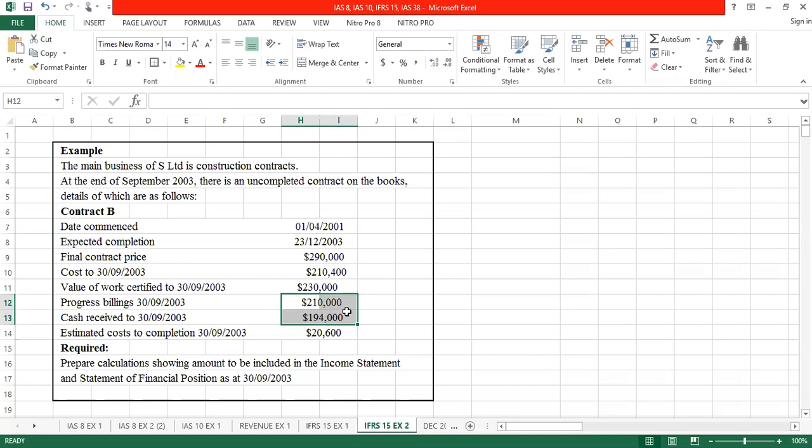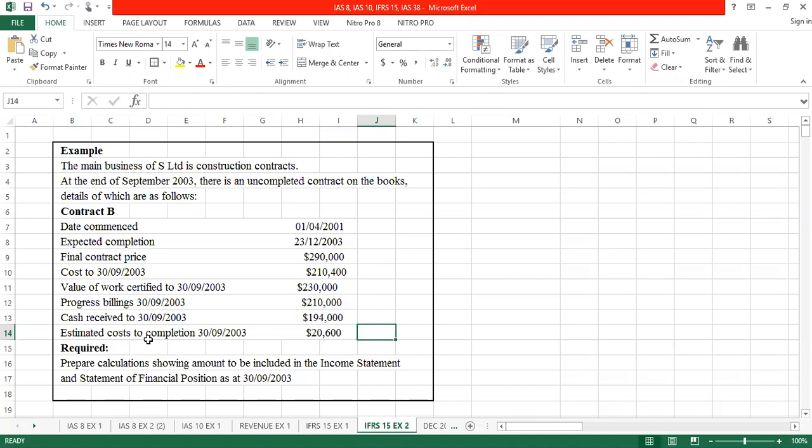You billed 210, you received 194. So there is a receivable, which is a current asset, of 16,000. So when I ask you what is the current asset, remember that receivable.